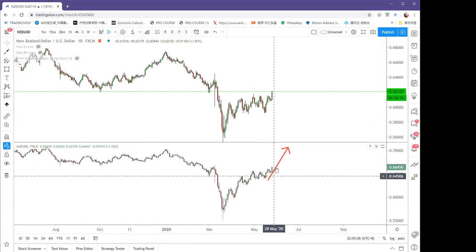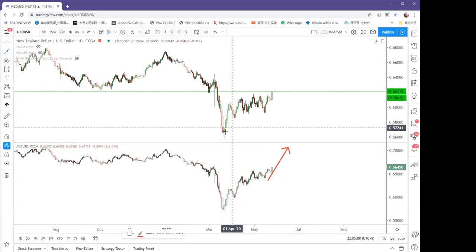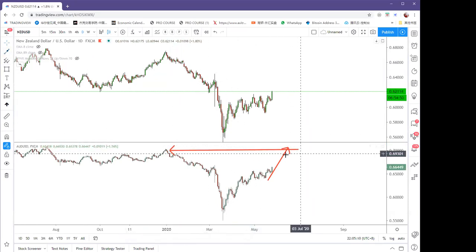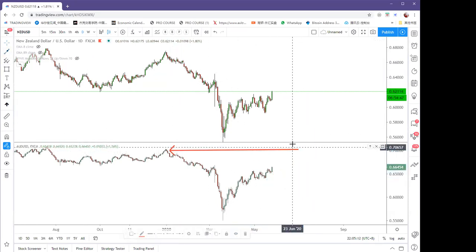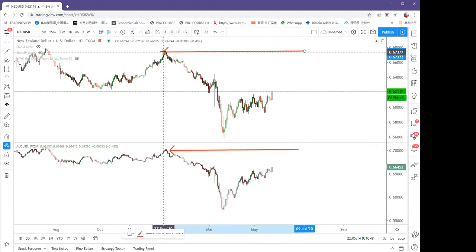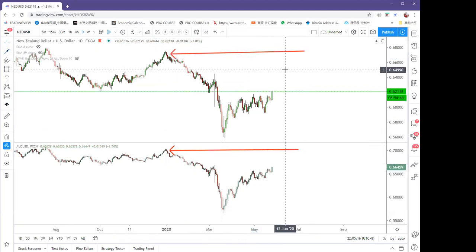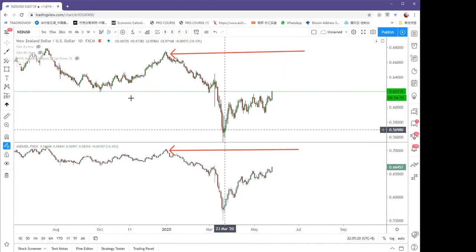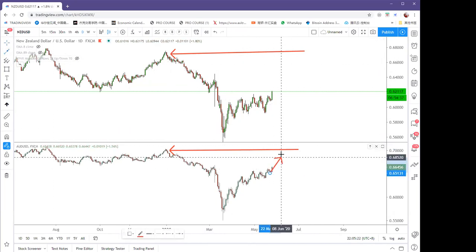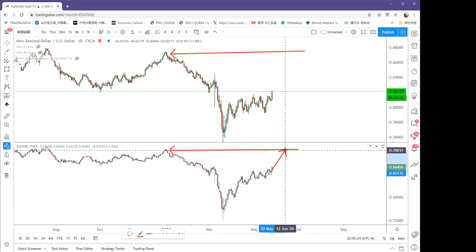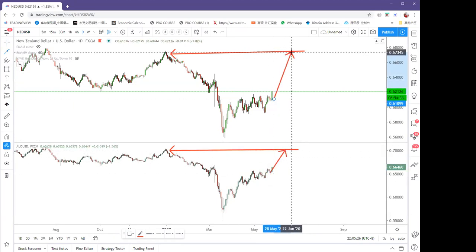So if we observe the Aussie can go to this level, what do you think of Kiwi? What do you think? Hello? Anyone? Do you think that if the Aussie bullish trend goes to 0.70, what will happen to Kiwi? Yeah, it will eventually catch up to 0.67.